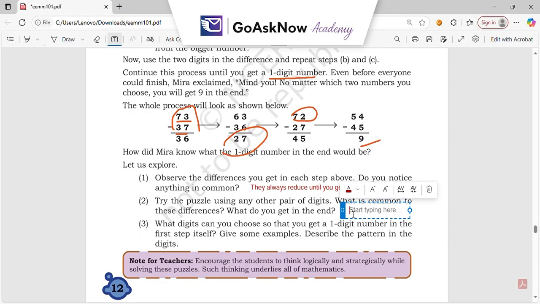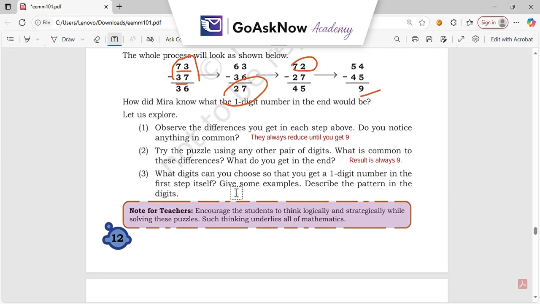After that, try this puzzle using any other pairs of digits. What is the common difference you get in the end? You can try with other digits also. The result is always 9. Next, what digits can you choose so that you get a 1-digit number in the first step itself? Give some examples and describe the pattern.